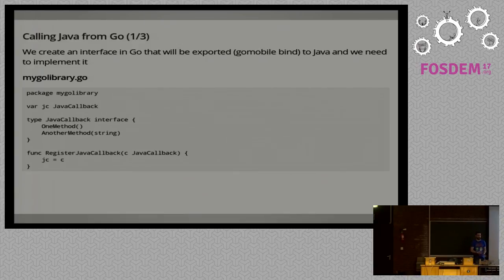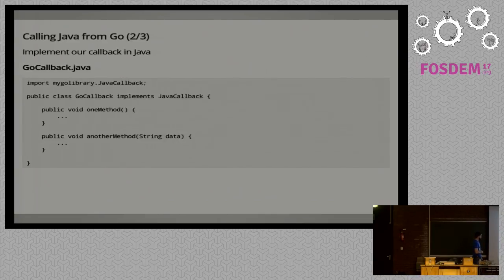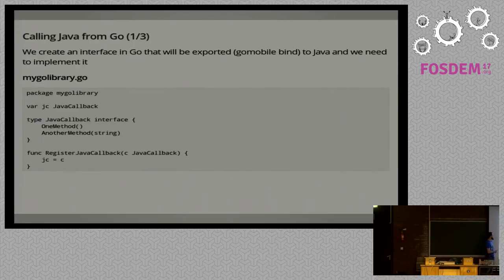So first, we are going to create an interface with some methods in Go, and also a function RegisterCallback to save a reference to our Java code. Later, we need to implement our interface in Java, which is the same as before, implementing the Java callback, with the method we need.